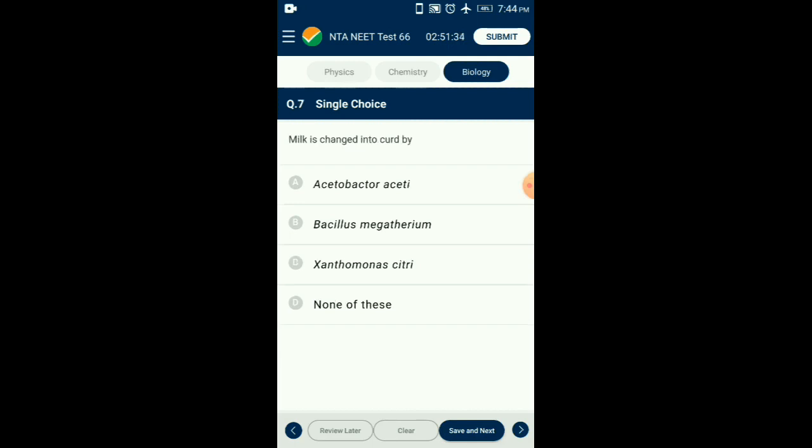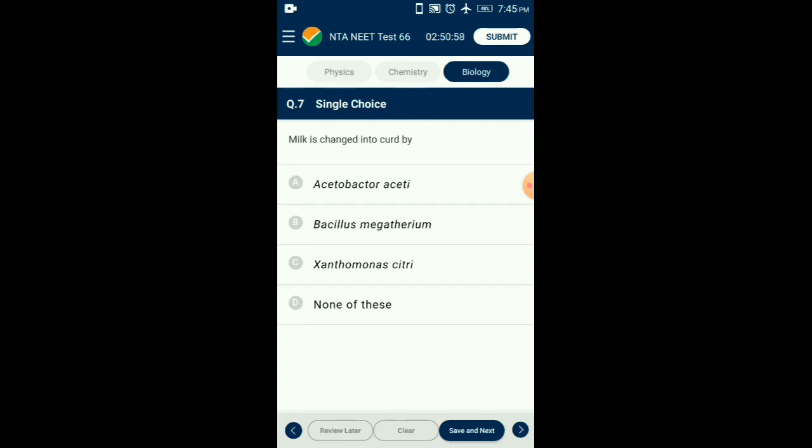Question number 7. Milk is changed into curd by microorganisms such as Lactobacillus, Streptococcus lactis and others, commonly called lactic acid bacteria, which grow in milk and convert it to curd at 40 degrees Celsius. During growth, the lactic acid bacteria produce acids that coagulate and partially digest the milk protein.